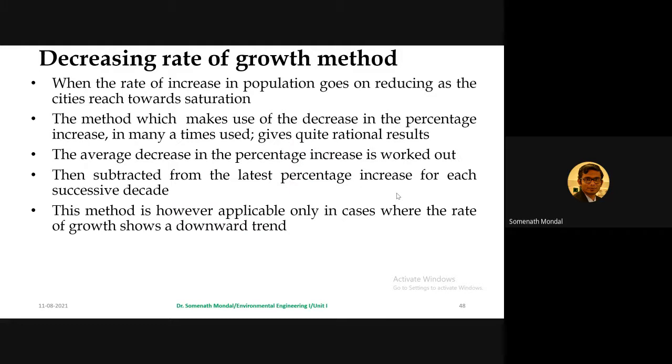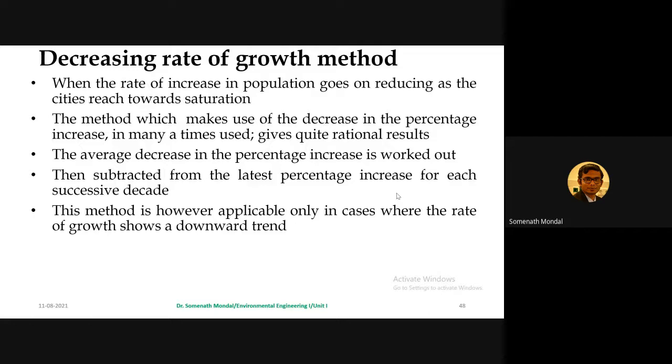Now the decreasing rate of growth method is also an important method, and you all can see over here what is done in this method.